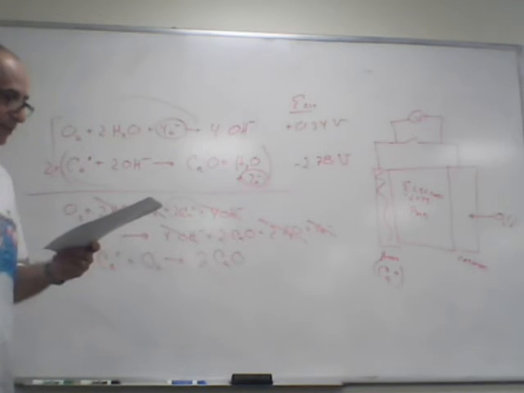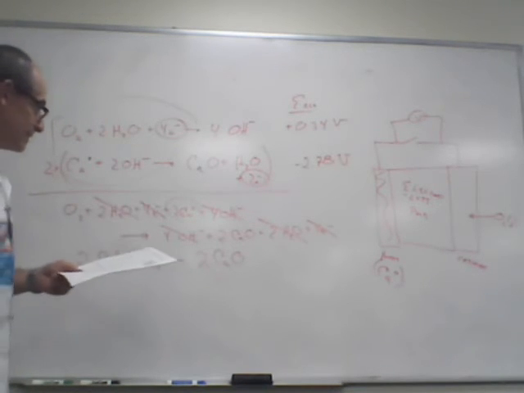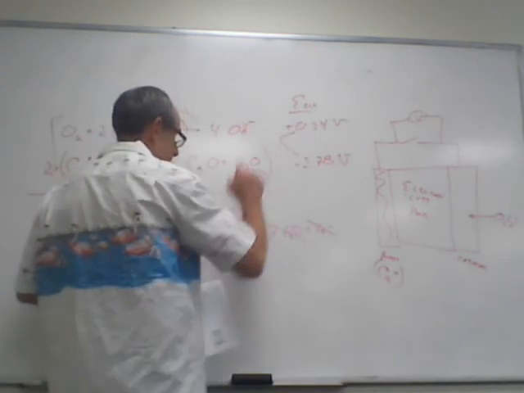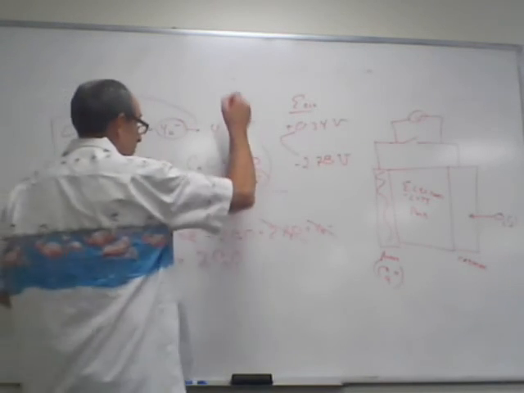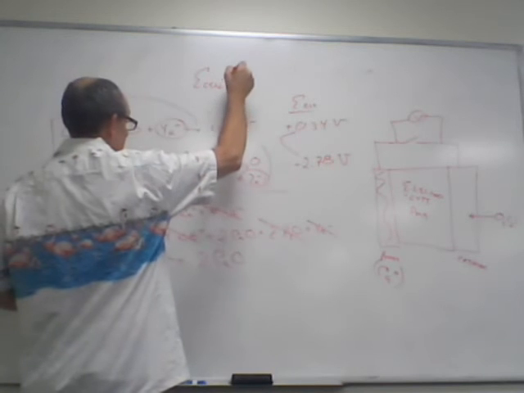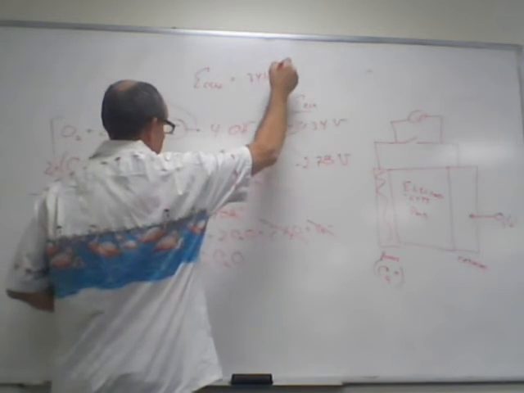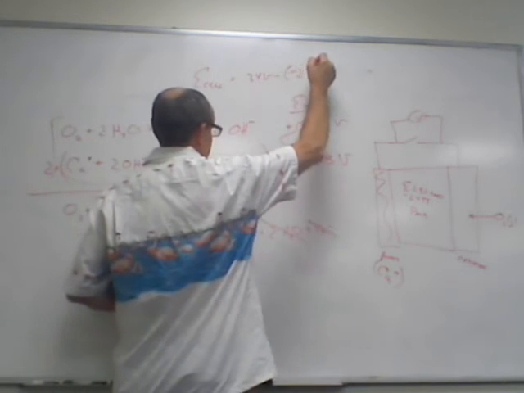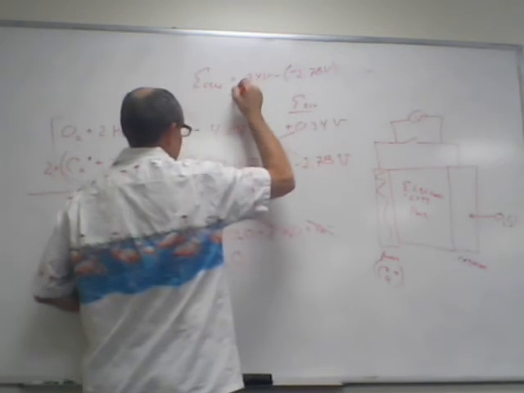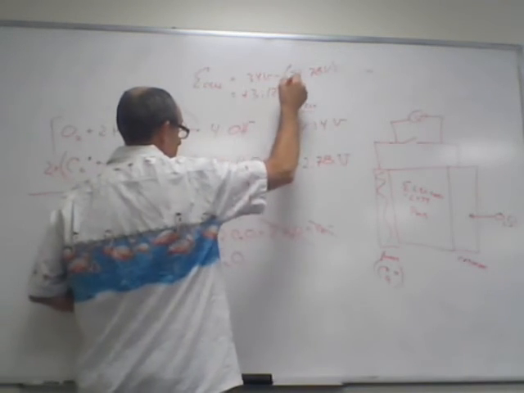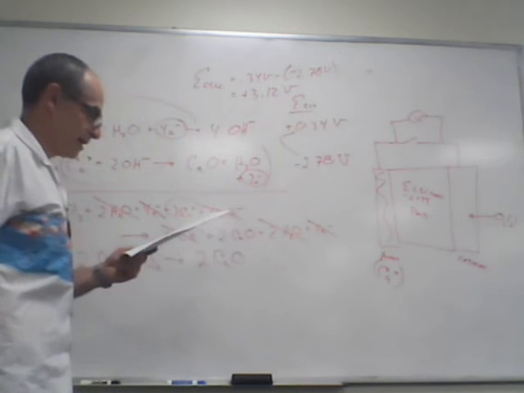E cell and delta G, and these are non-standard, but the E cell would be the difference between those 2 values. So E cell would be 0.34 volts minus negative 2.78 volts, and that is going to be positive 3.12 volts, or joules per coulomb.